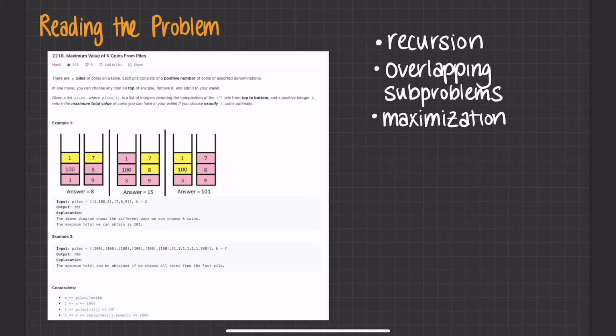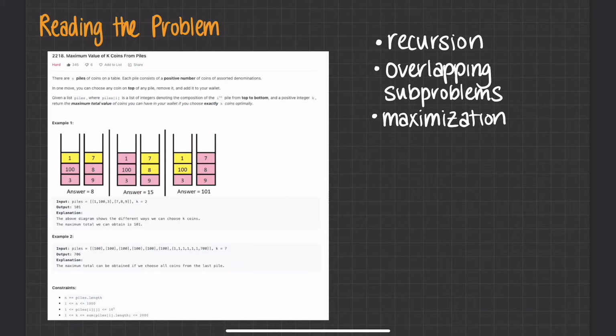The second thing about this is that there are a lot of overlapping subproblems. In my prior approach that I just explained in recursion, for any pile that I'm on, I can break this problem down into smaller pieces where all prior piles can have either k coins, k minus 1 coins, all the way till 1 coin to take.